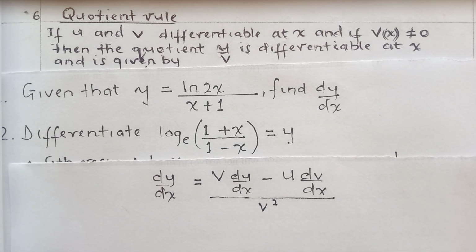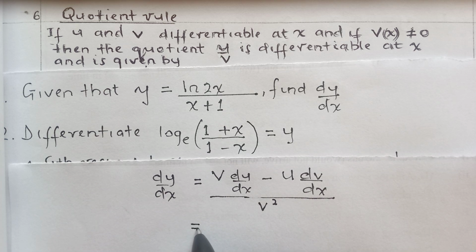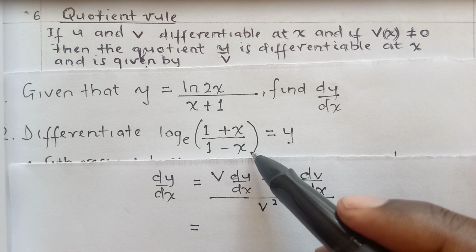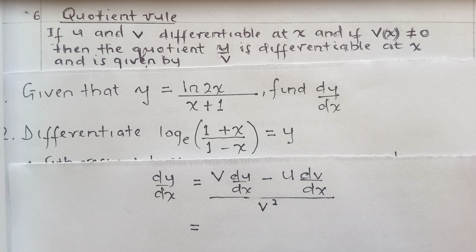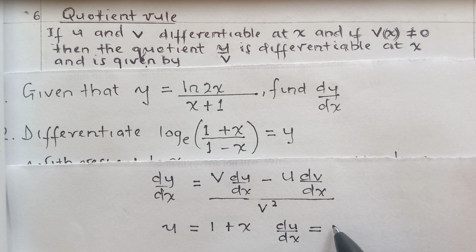And so guys, let's say that this first term is our u, the second term is going to be our v. So u is equal to 1 plus x. So du dx is going to be 1.